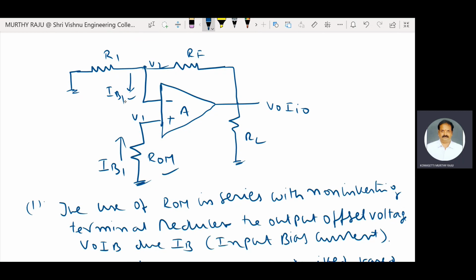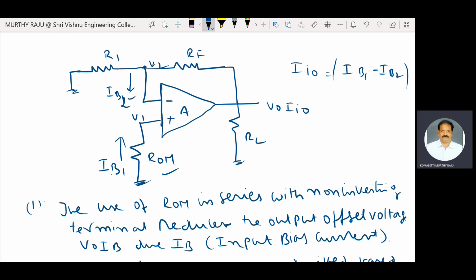Here IB1, here IB2. These two currents are not equal sometimes, due to the input offset current IIO, the algebraic difference between these two bias currents, IB1 minus IB2.